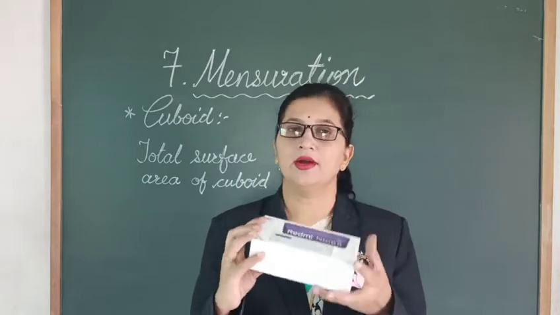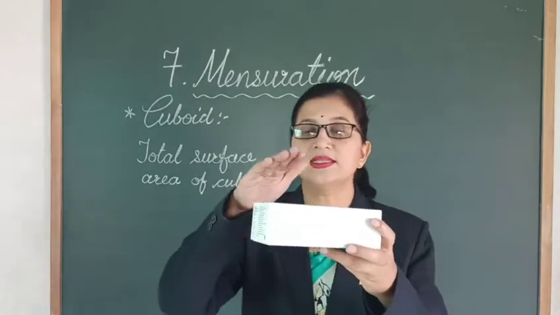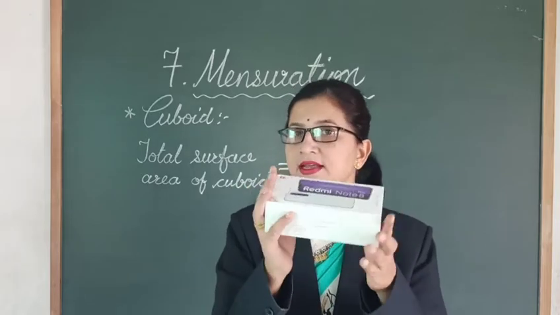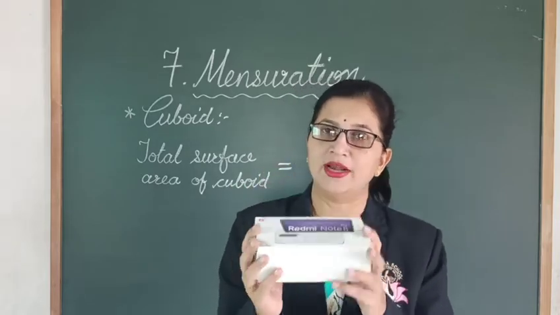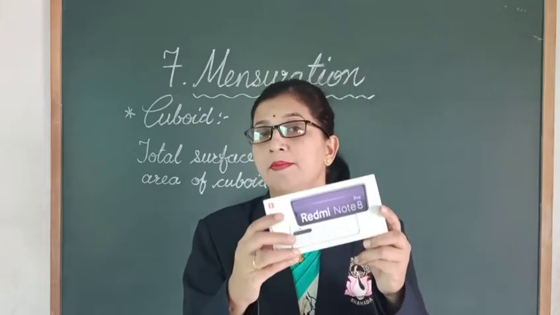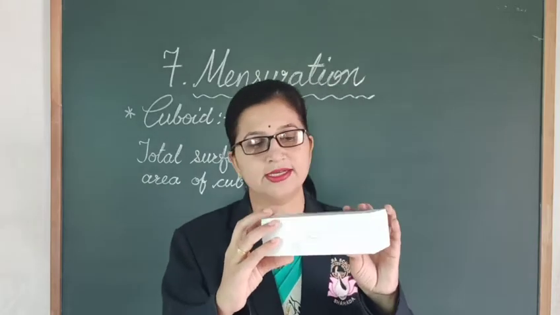Now here, total surface area of this cuboid means what? The sum of the areas of all these faces, that sum we call the total surface area of this cuboid. But how many faces does this cuboid have? Let's see that.